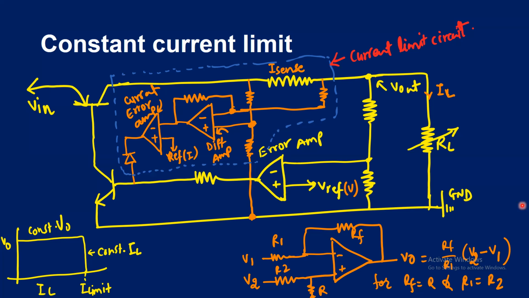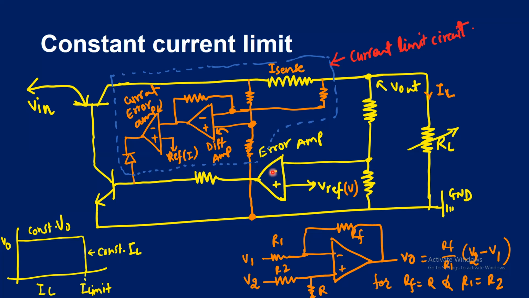So when this current limiting occurs, the regulator output voltage drops, as you can see from the graph, below its nominal value, which will be sensed by the voltage error amplifier as an under voltage condition. So obviously this feedback loop will get activated again. The output voltage will be sensed to have fallen below its nominal value.